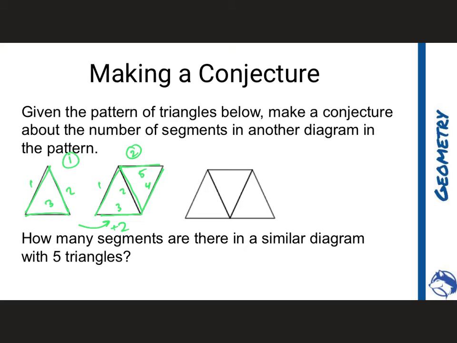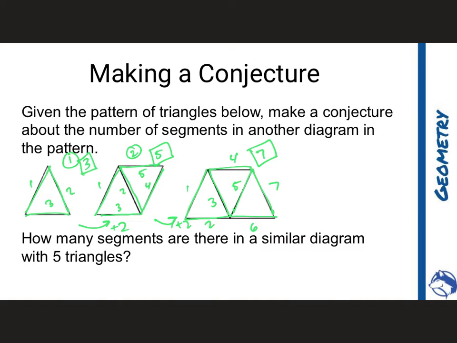So let's see what happens on the next one. We've got 1, 2, 3, 4, 5, 6, 7. So it looks like we went plus 2 again. So this one had 3, this one has 5, this one has 7.